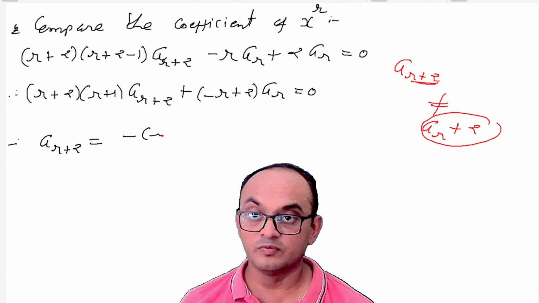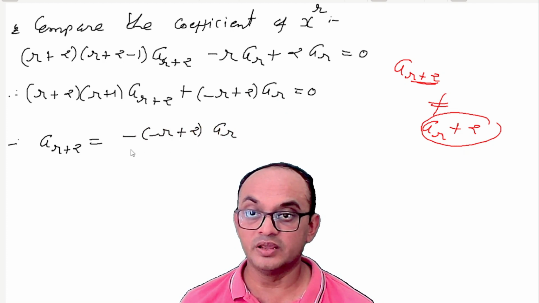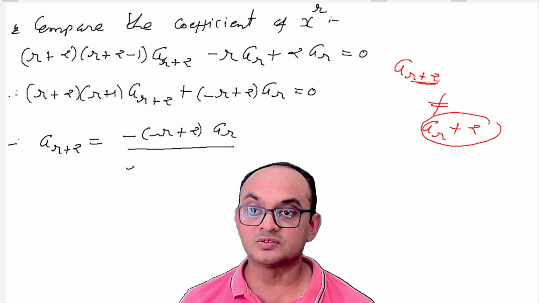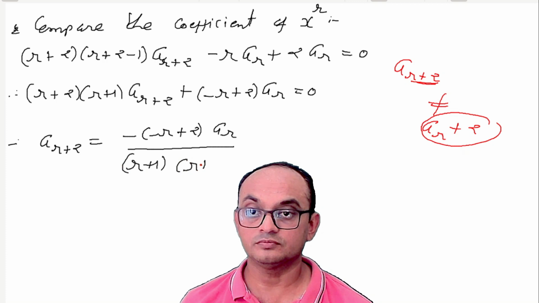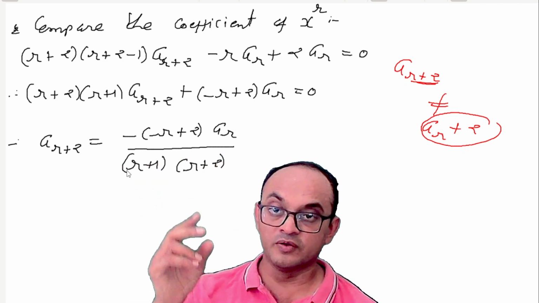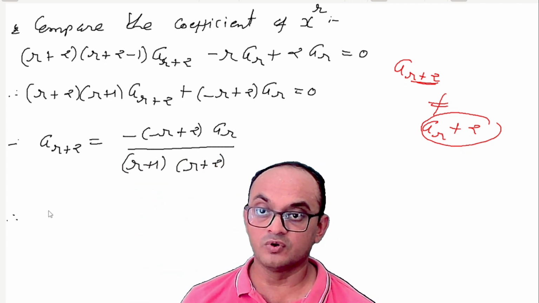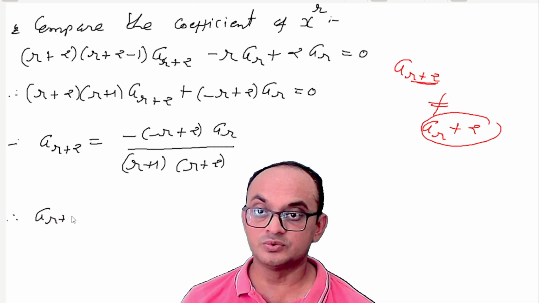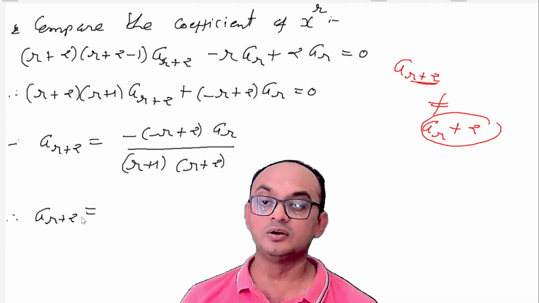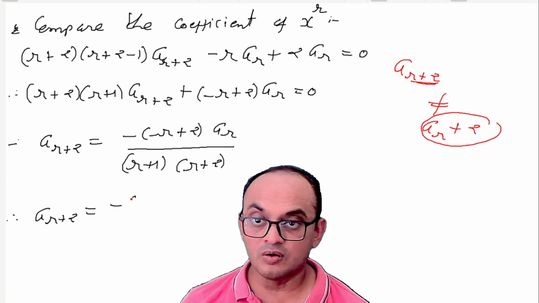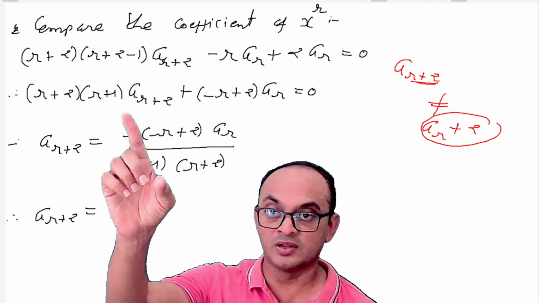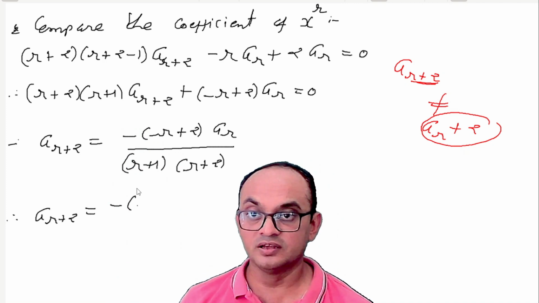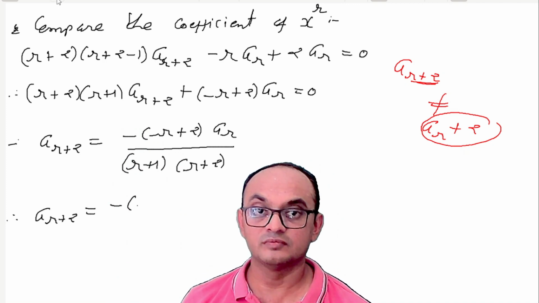So minus of minus r plus 2 ar divided by r plus 1 into r plus 2. Right, I am modifying this relation. Therefore, ar plus 2 is equal to minus of, once I take this minus sign inside, then this will be r minus 2, right?